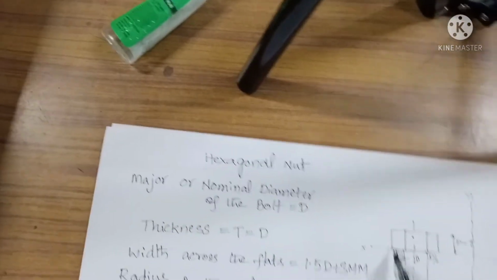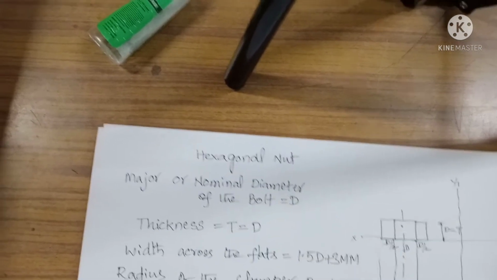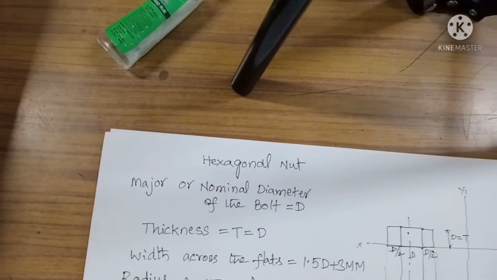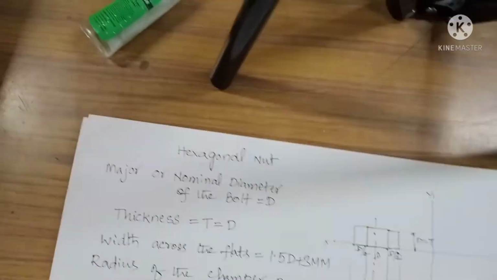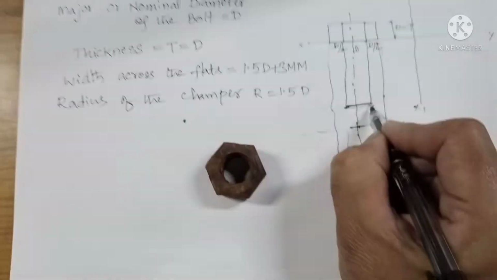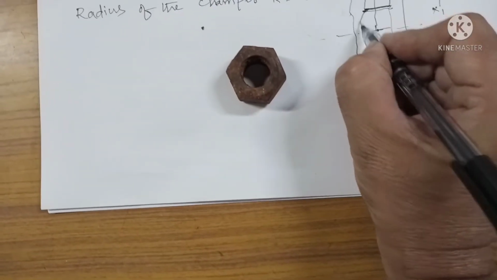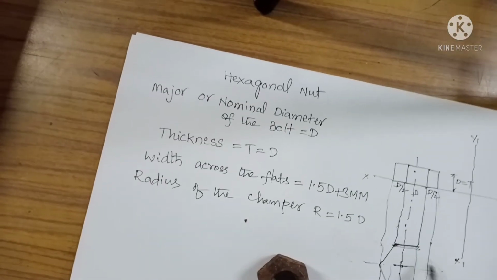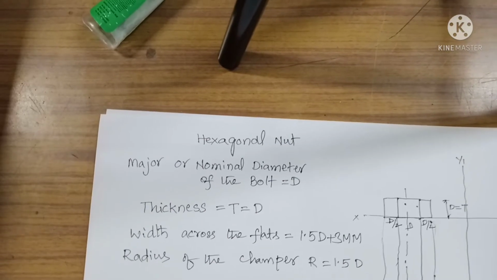Then we extend these lines. Now we already have this part here, this flat, and this part. Join this part with this part, and this point to this point. Likewise, we are going to have the hexagon, and with this diameter, draw this circle over here.